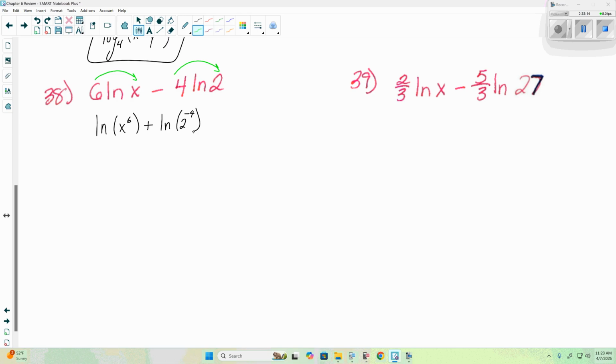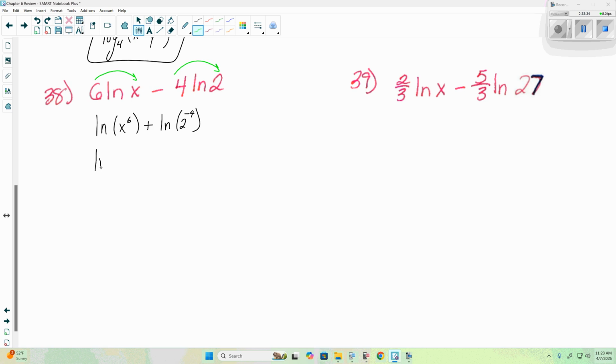Okay, you sure? Or just processing? Okay. Because we want to take the negative with it, so we just have pluses, we just have product. It's going to make it a little bit easier to work with. ln of x to the 6 plus ln of 2 to the negative 4th.